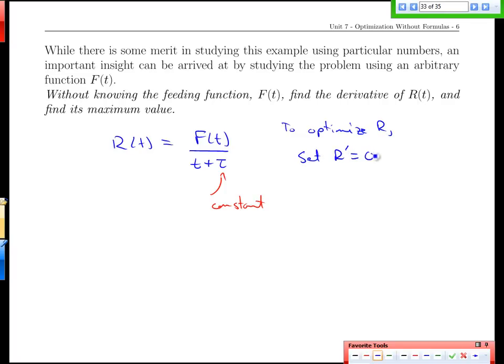We'd look for critical points. Well, what's r prime going to equal? This is going to be a quotient, so we take the derivative of the top times the bottom minus the top times the derivative of the bottom, but that's just 1, so that's okay, all over the bottom squared.